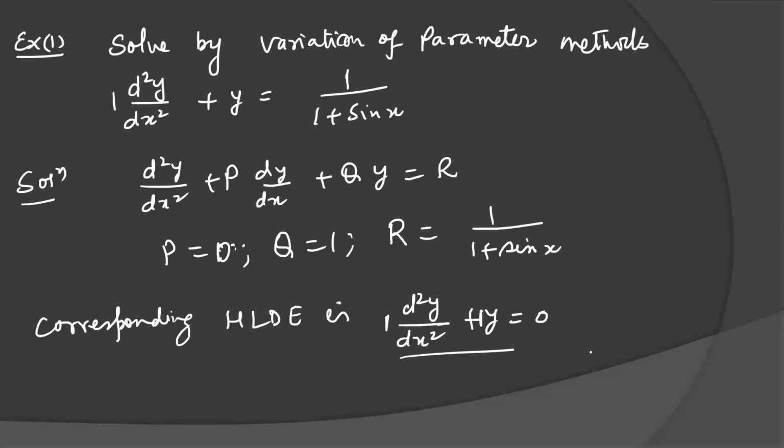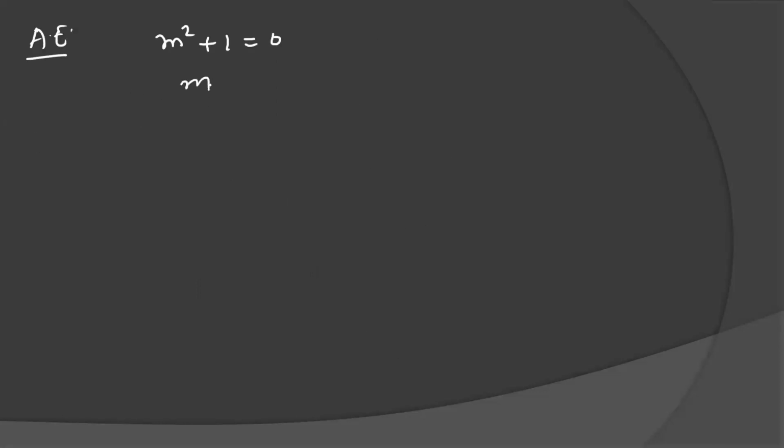So its auxiliary equation will be m square plus 1 equal to 0. You can write D square plus 1 times y equal to 0, then put D equal to m, and write the auxiliary equation. So its roots will be m equal to plus minus i, and you can compare with alpha plus minus i beta. So alpha equal to 0, beta equal to 1.